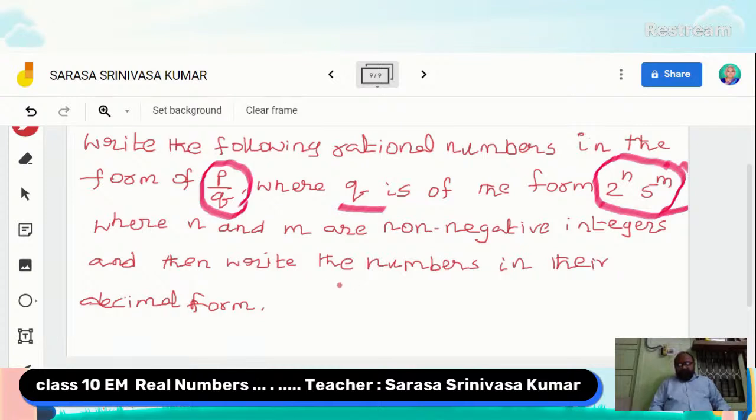Then write the numbers in their decimal form. We have already done some problems in this mode. Now we solve the problems.